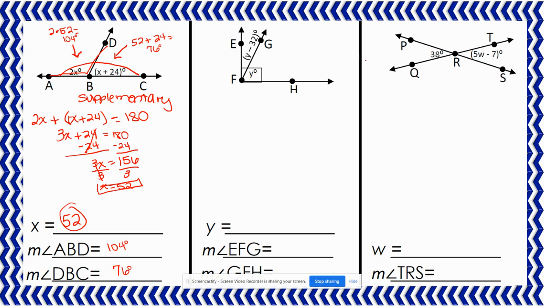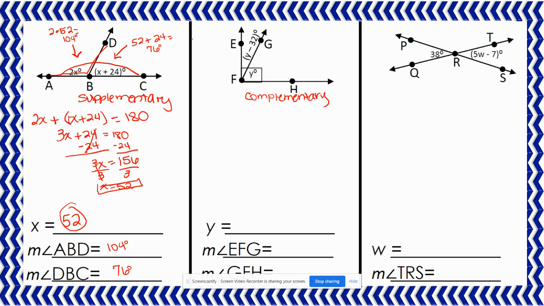Now for our next problem, what we notice is that we have these two angles, and there's also this box, which tells us that both of these angles make a right angle together. That means that they are complementary, or when you add the two angles together, they equal 90 degrees.